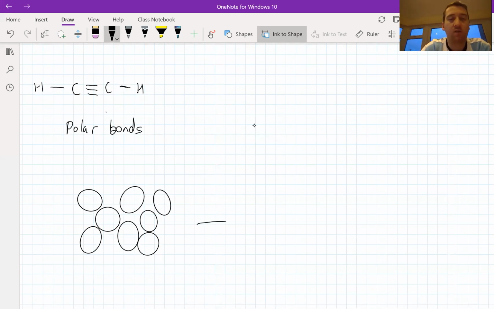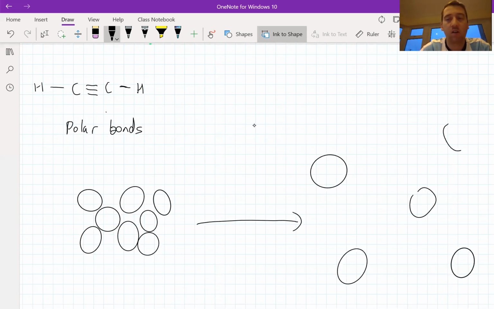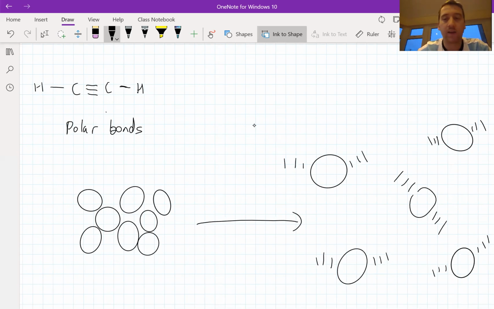If we want to convert them into a gas, we have to allow them to spread out more. They do this by having more energy. These lines show these particles having more energy, so they're now gaseous. They have turned into a gas, and these movement lines show that they are moving around quickly.